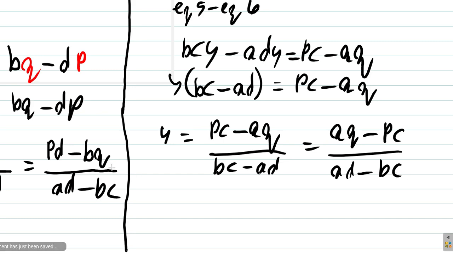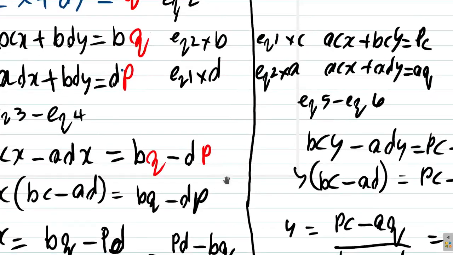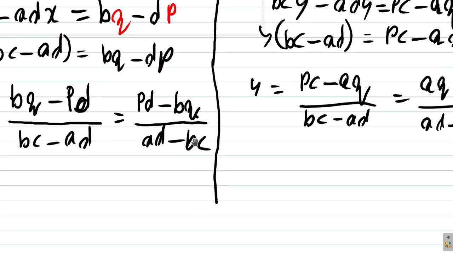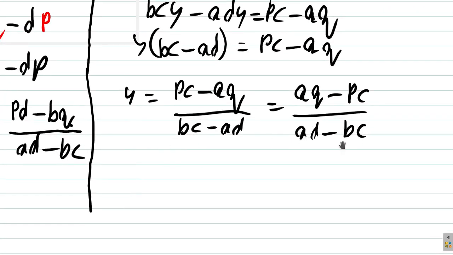Now, here we see the ad minus bc here and ad minus bc here, which is the negative of bc minus ad. So remember, ad minus bc, that's the determinant of the matrix.